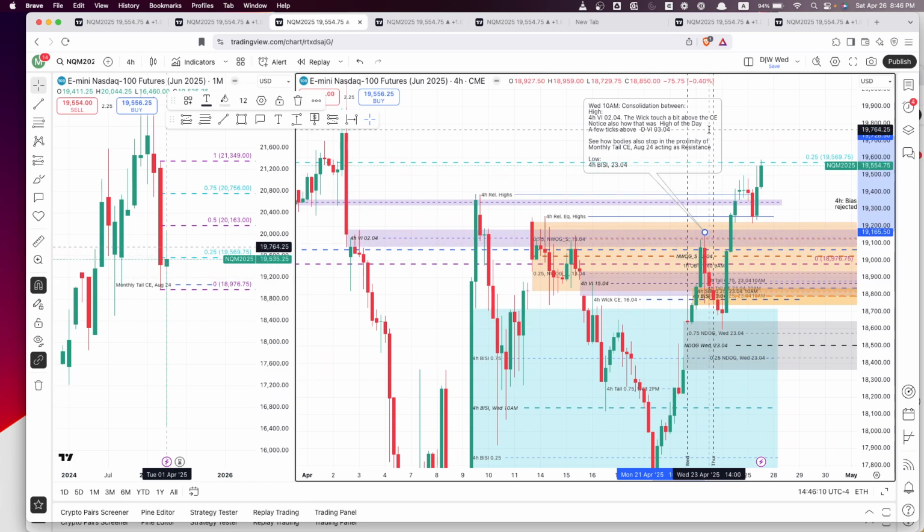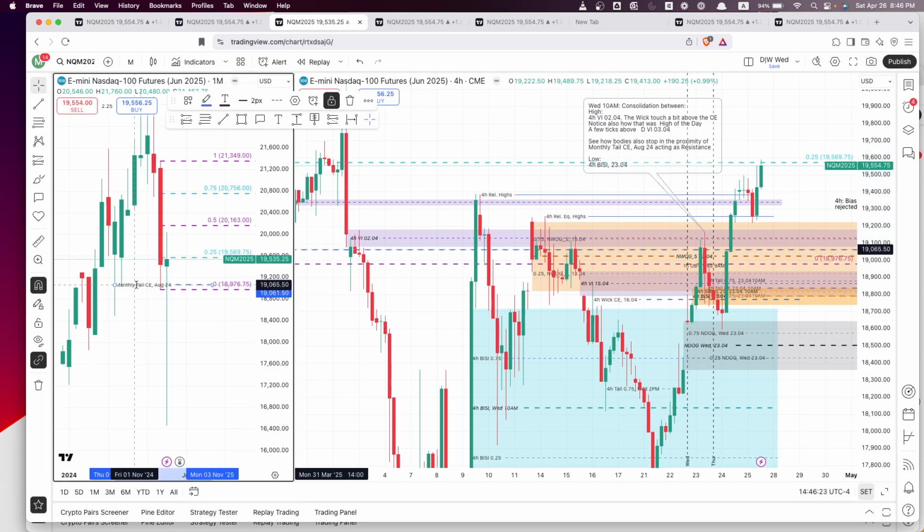So we touch a bit above the consequent encroachment. And so this is this monthly tail consequent encroachment over here. See also how bodies are staying in that area.